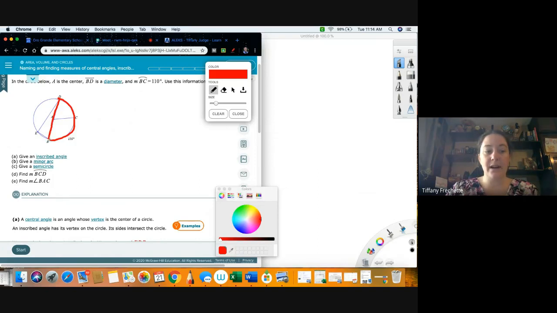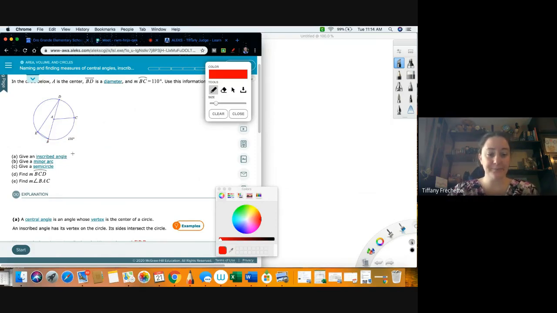So I would have arc BCD. I'm using three letters because if I just say BD, I could be going either direction. BCD tells me specifically I'm going to the right here. If I wanted to go to the left, I would go BED, so that it tells the person reading which arc I'm actually talking about.